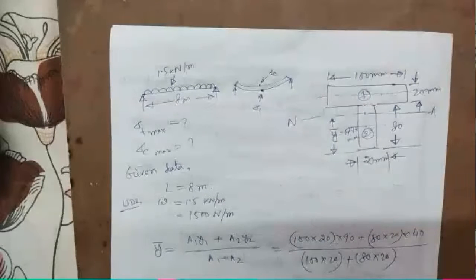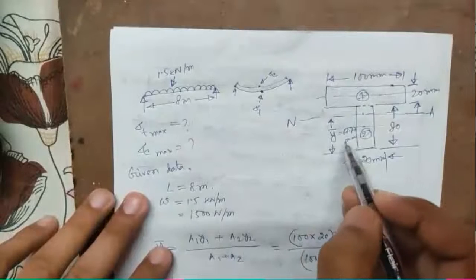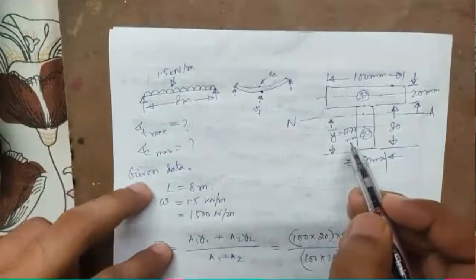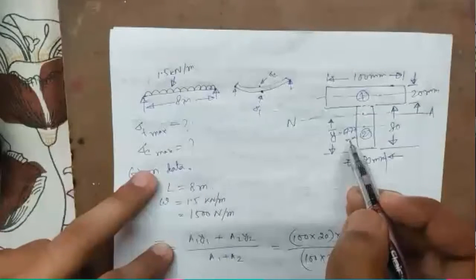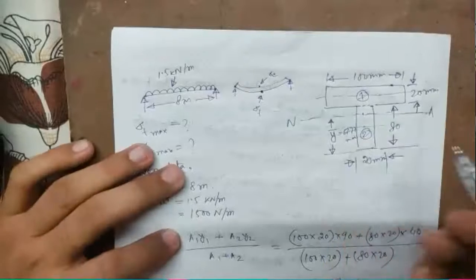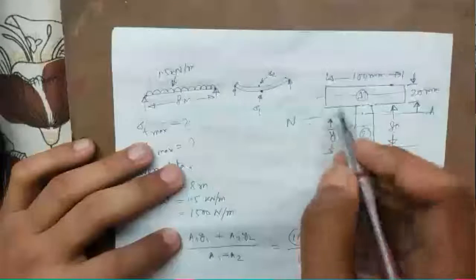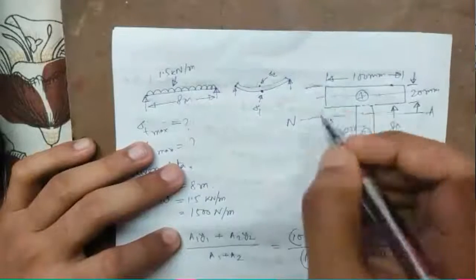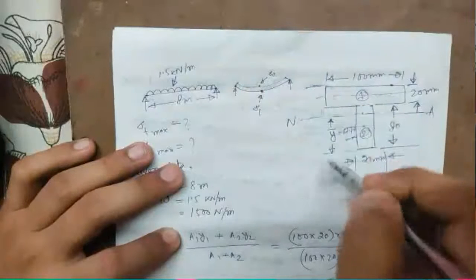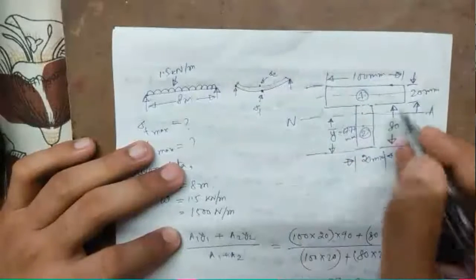Okay, now to find that out, we have found the neutral axis. So if this from the bottom is 67.77, and from the top, the total distance is 100. This is 80 plus 20, 100.